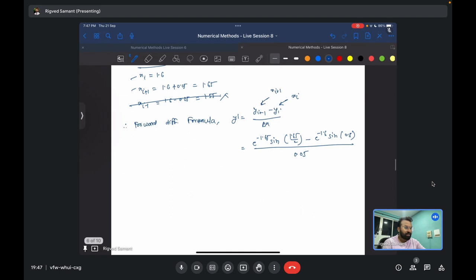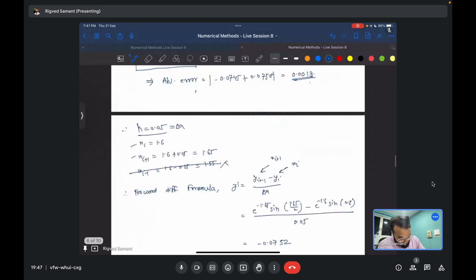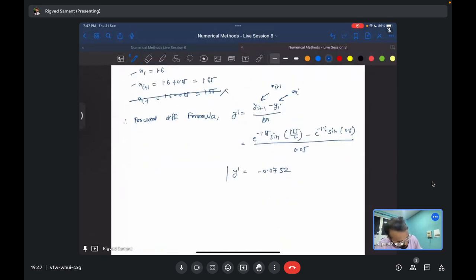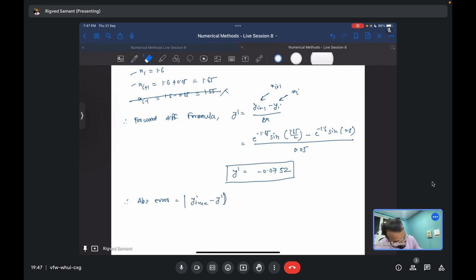So if you calculate this, you will get the value of minus 0.0752. Okay, this would be minus 0.0752. So again we'll calculate the absolute error. Therefore the absolute error in this case is y true minus y dash, that you have got.